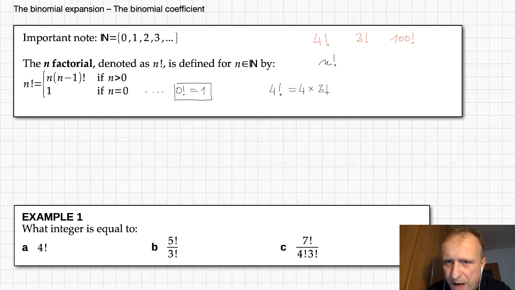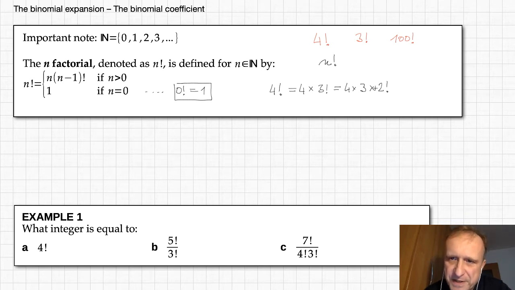Okay, so I'm going to be able to evaluate 4 factorial if I'm able to evaluate 3 factorial. Okay, but how do I know what 3 factorial is? Okay, let's again use the definition. 3 is greater than 0, and hence I will use the first line. 3 factorial here, so let me copy 4 times, and 3 factorial here should be, according to the definition, 3 times, and there I should have 2 factorial, because 3 minus 1 is 2.